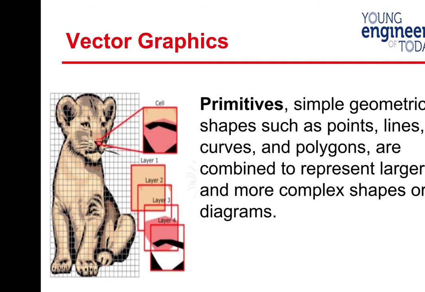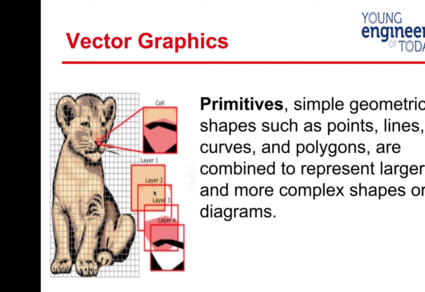So let's see how they actually work. You can make a complex image out of simple geometric shapes combined together, and these shapes are called primitives. Examples of primitives are a point, a line, a curve, or a polygon. You can see them here, showing the nose of this little lion, comprised of different primitives laid over each other: a tan block, darker tan triangles over that, a pink polygon, and a black polygon.